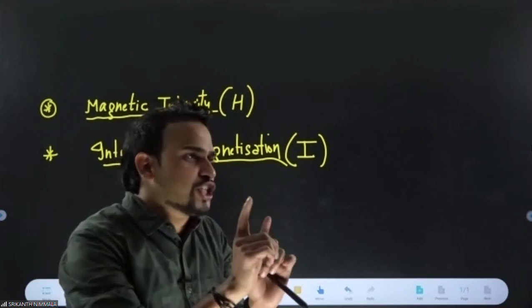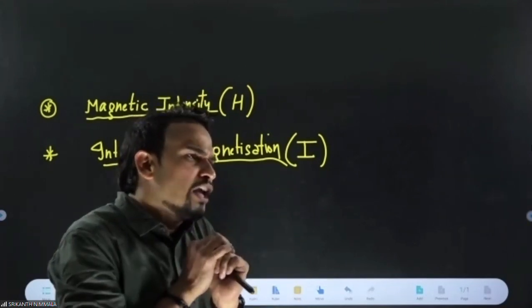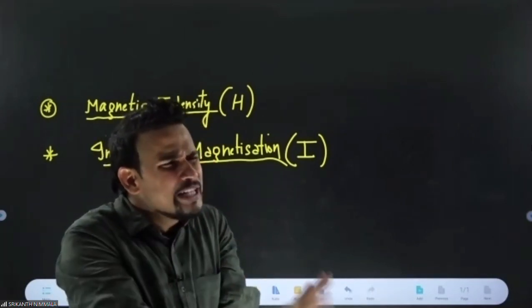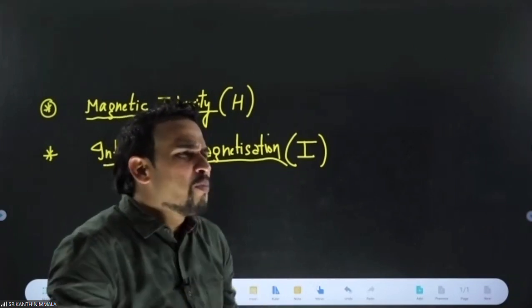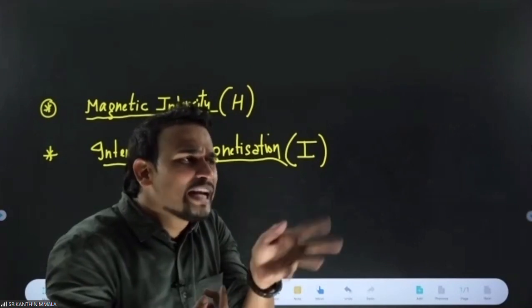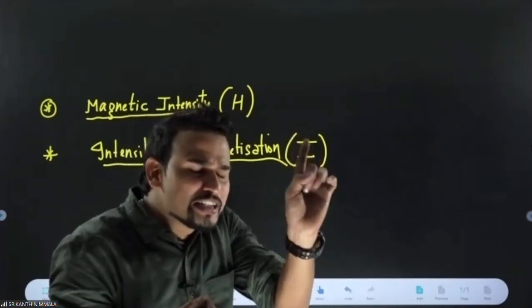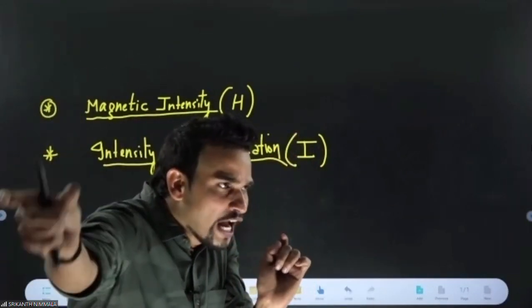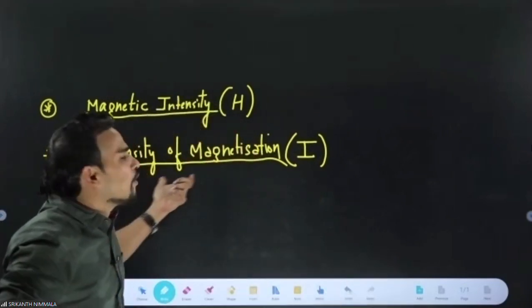Yes, H is associated with external field. Due to H, what happens in the body? Body develops magnetism. So there we talk about intensity of magnetization, capital I. Magnetic intensity or intensity of magnetizing field or force related with external field is H, and due to H, body develops magnetism. That is our intensity of magnetization.